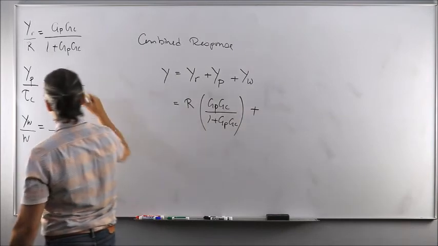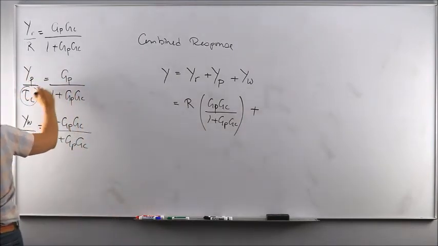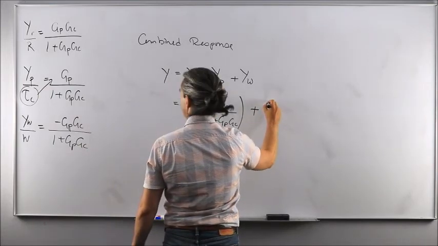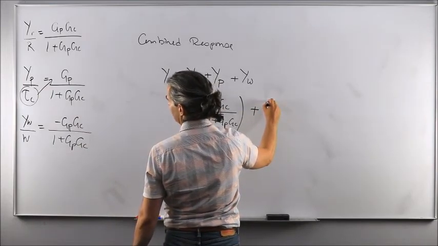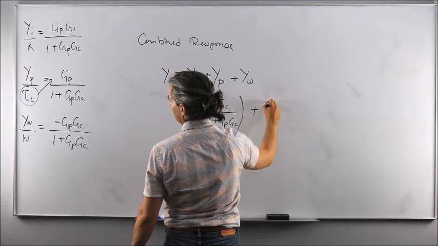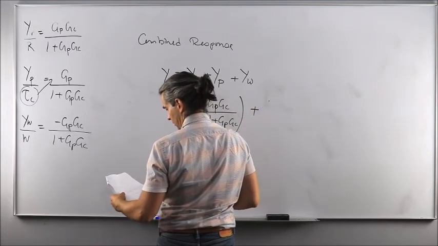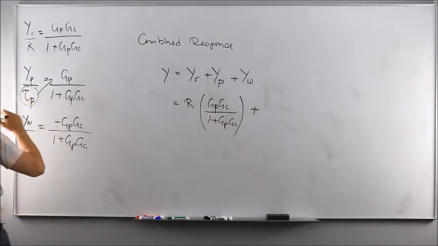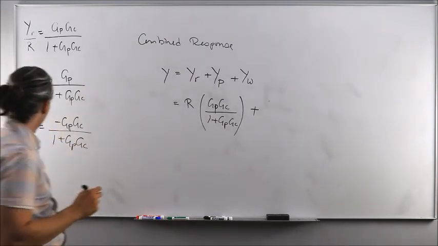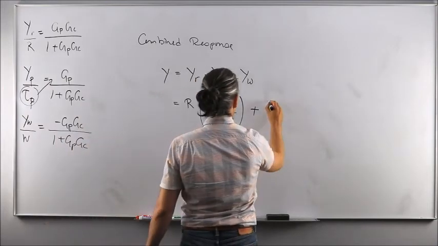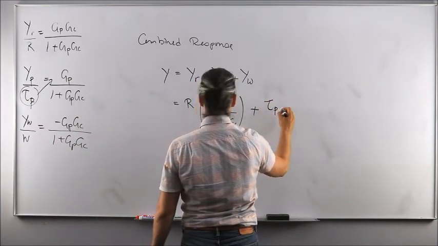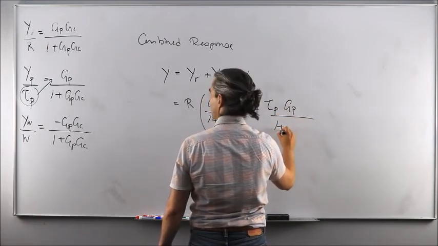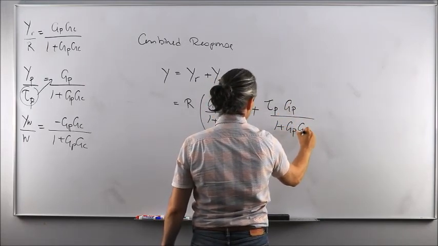Plus, what is YP equal to? Flip this here, such that YP will be equal to tau P, I think it was tau P, right? Perturbating torque. Yeah, that's tau P, times GP over 1 plus GP GC.